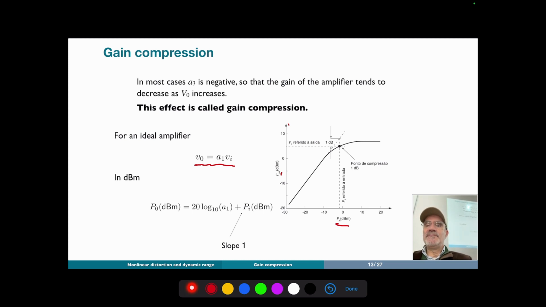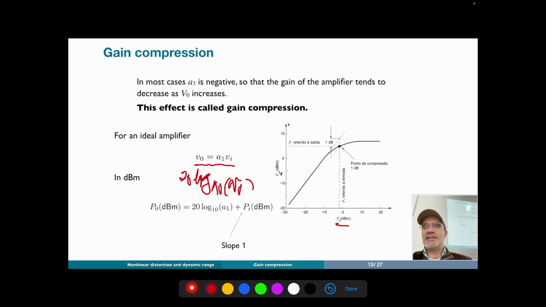To obtain the power, and usually this plot is shown in a log scale, in dB, to convert this to dB, we have to calculate at each side 10 times log of the input signal, and do the same at the output, at the right side of the equation.